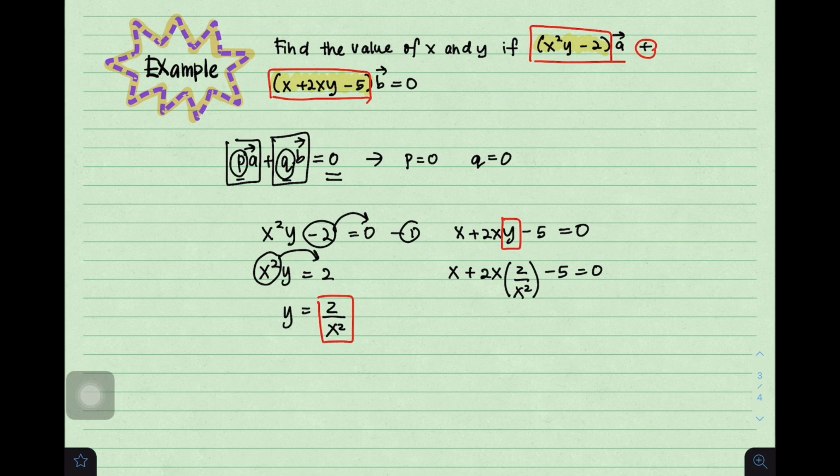Okay, so ni x boleh potong 1. So apa yang awak ada kat sini, x tambah dengan 4 over x tolak 5 sama dengan 0. Okay, so from here, macam mana kita nak selesaikan? Kita nak hilangkan x di bahagian denominator ni. So semua ni kita darabkan dengan x.